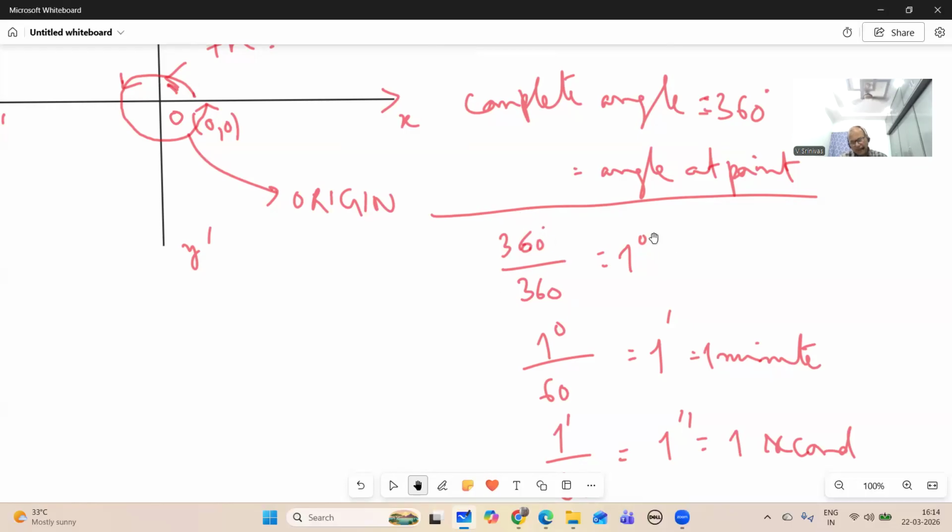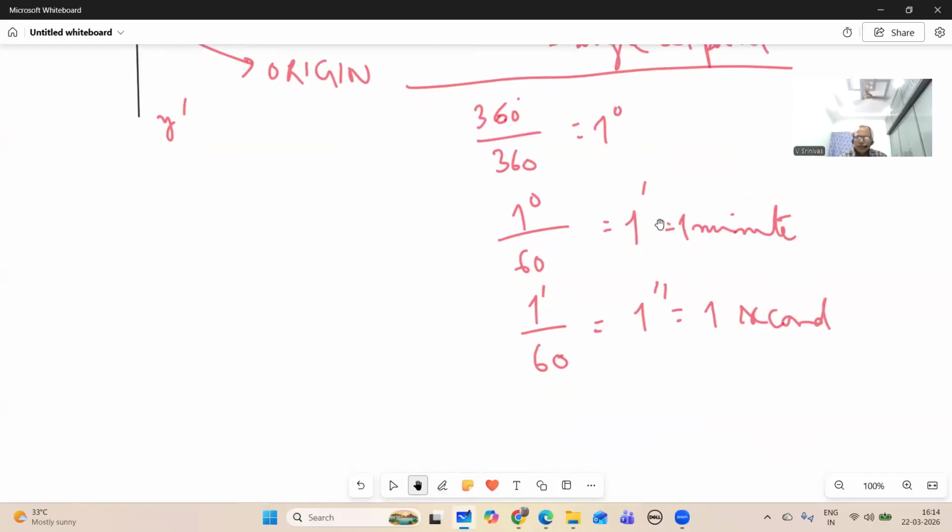Each is called 1 degree. And that 1 degree is subdivided into 60 equal parts. Each is called 1 minute. And then we subdivided this 1 minute into 60 equal parts. Each is called 1 second.